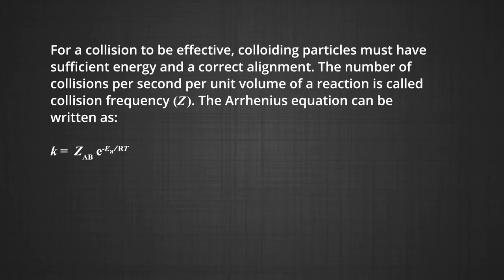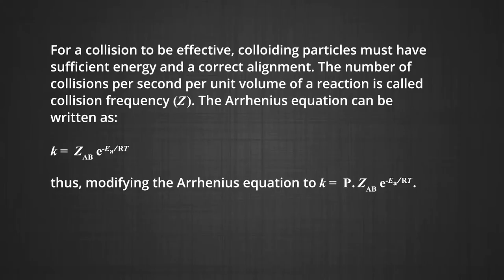For a collision to be effective, a particle must have minimum activation energy and a correct alignment. The number of the collisions per second per unit volume of a reaction is called collision frequency, that is capital Z. The Arrhenius equation can be written as k = Z_AB e^(-Ea/RT).